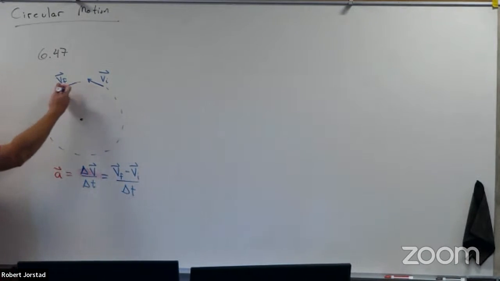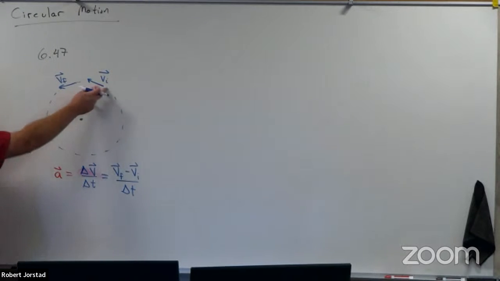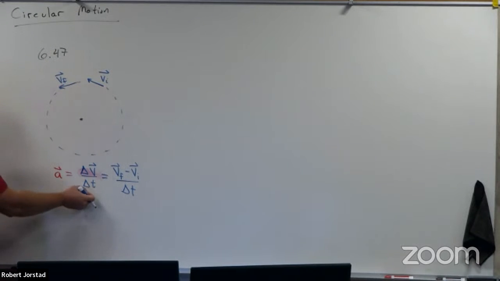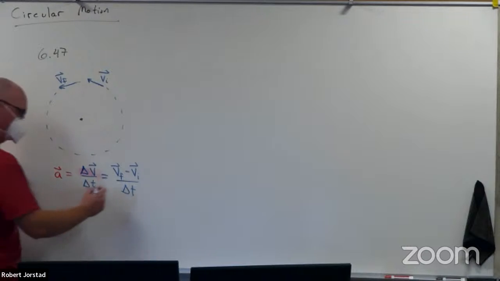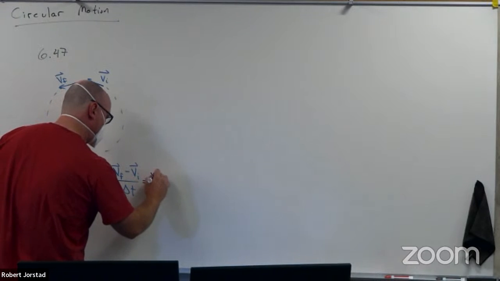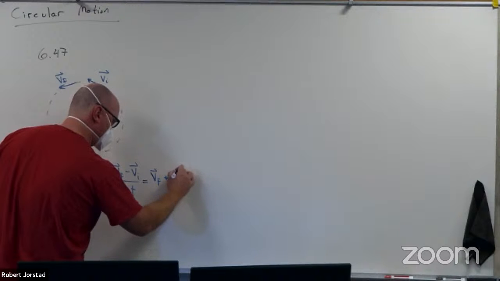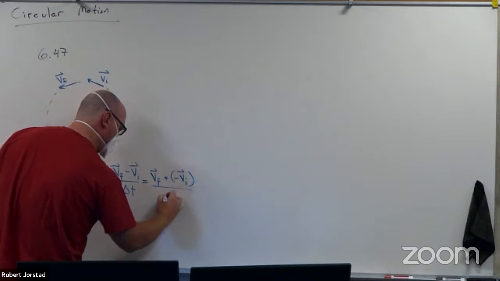If there's some small amount of time it takes to go from this point to that point, that's delta T. Now, just to make this look a little bit more clear, I'm going to say that's V final plus negative V initial over delta T.